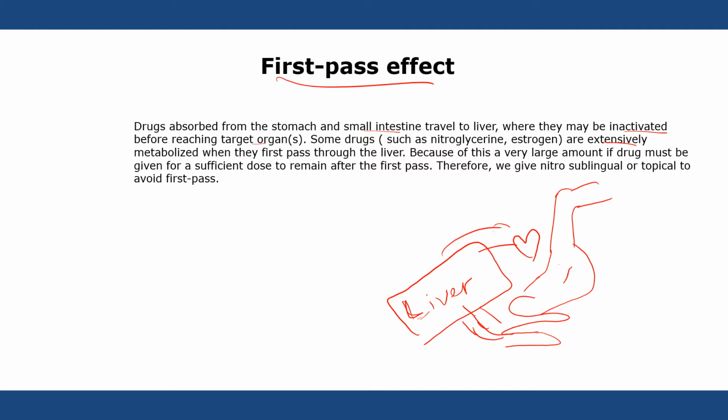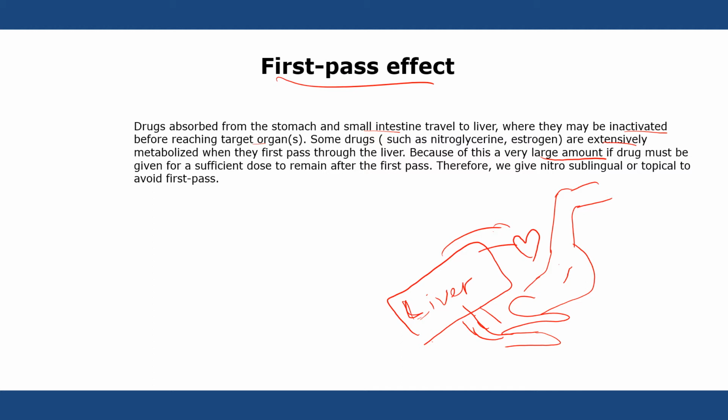Because the liver will extensively metabolize nitroglycerin, then you really need a large amount of drug if you want the effect of that medication in the body. Now that becomes a problem.